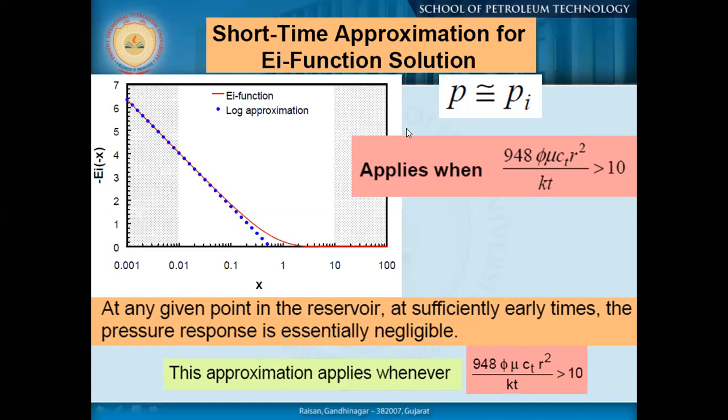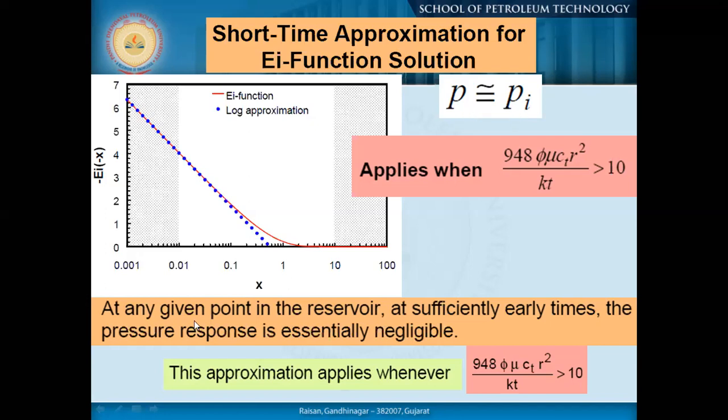So now it is clear: when the combination of r and t is set so that the x value is more than 10, there is no pressure effect on that part of the reservoir, so we may consider P equal to Pi.